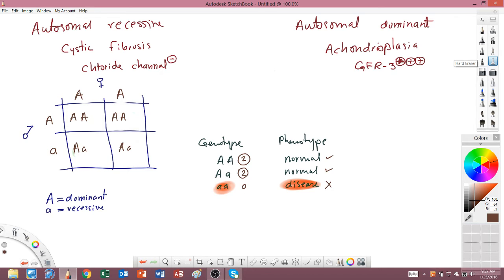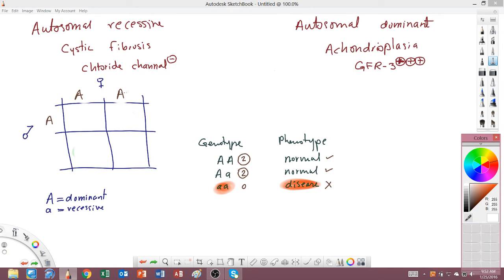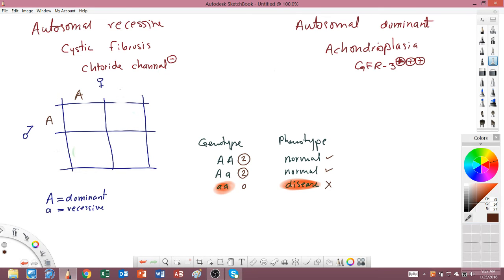Let's go with another one. Let's say now both parents are carriers. You see, we're changing the genotype of the parents to see what the possibilities are of them having children. Now both parents are carriers, correct?